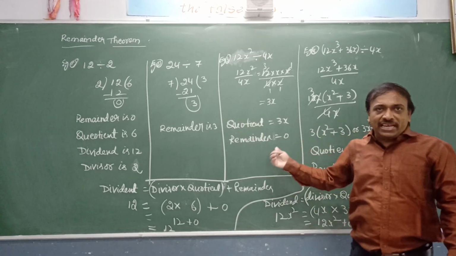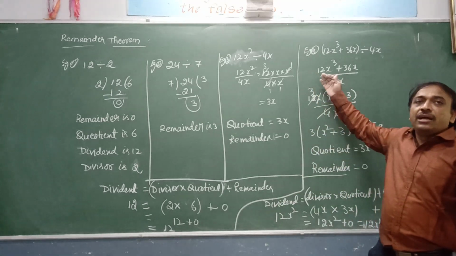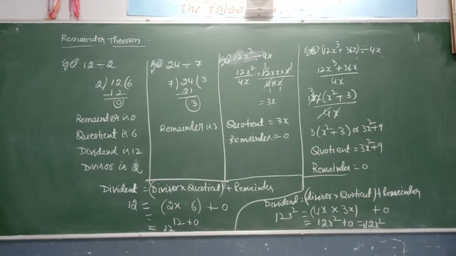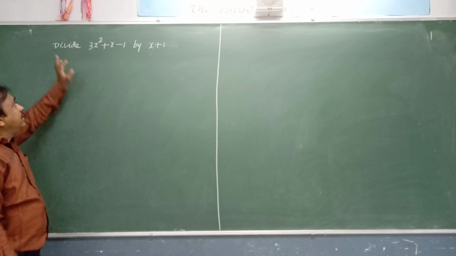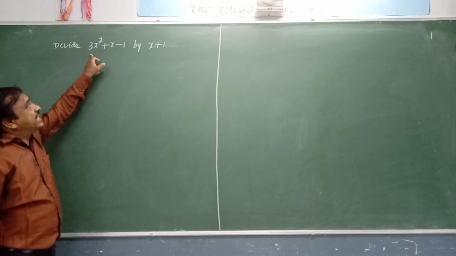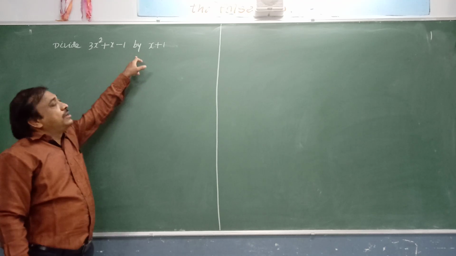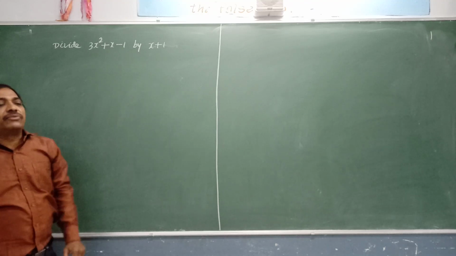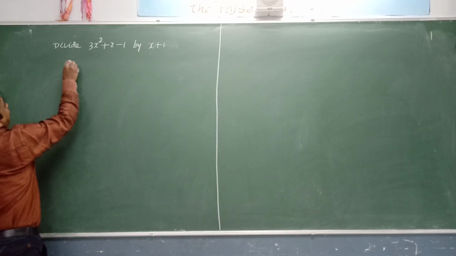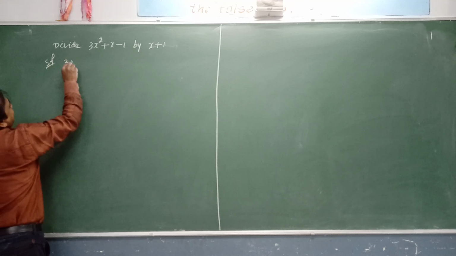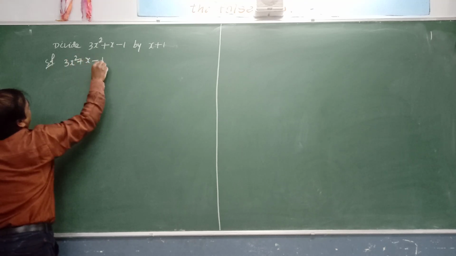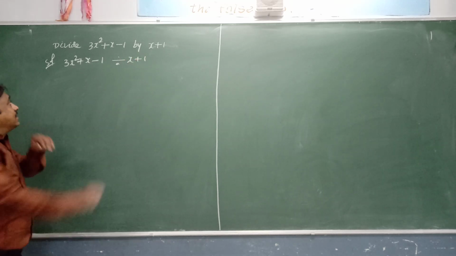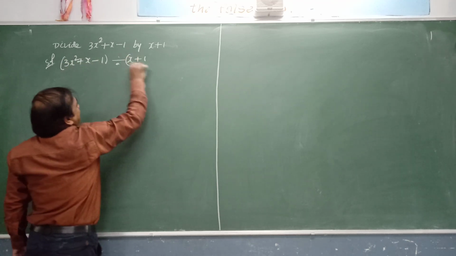Still, I will explain one or two examples of the long division method with algebraic expressions. Look at this one more example. Divide 3x square plus x minus 1 by x plus 1. Here we are doing it in another way, that is normal long division. 3x square plus x minus 1 divided by x plus 1.